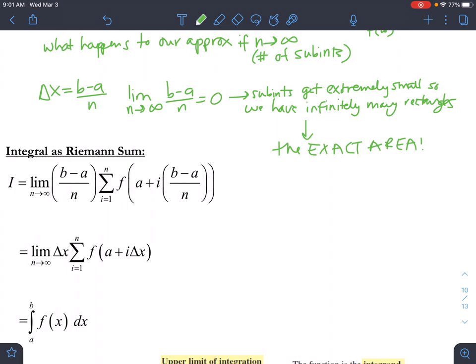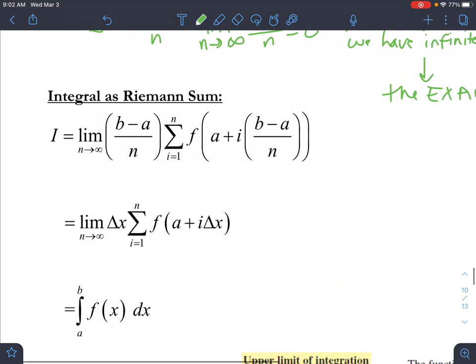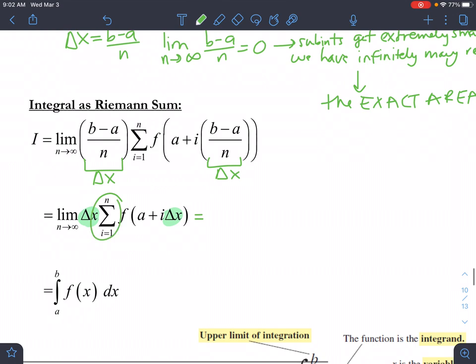So take a look at the next part here. You'll see more notation. Don't panic. You'll see this is delta x right here, and you see delta x again. So that's where this is coming from. If we were to rewrite this, it would be that infinite sum from 1 to n.